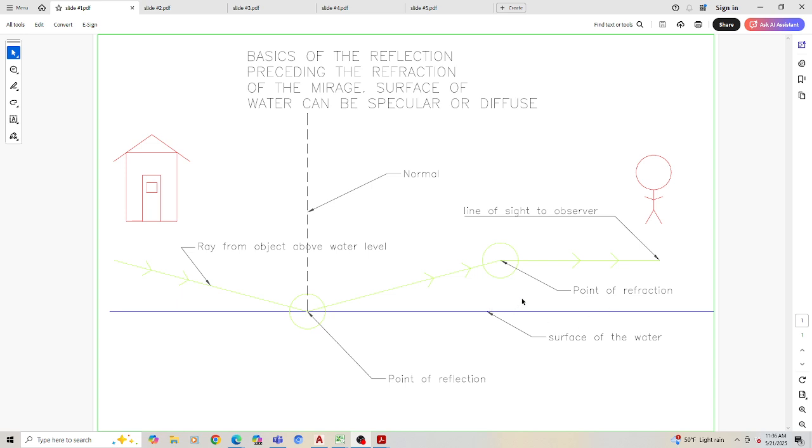Now, I haven't drawn out the exact angles or dimensions, but the end result would be an angle of incidence into a point of refraction and an angle of refraction that will result in a ray that heads towards the observer on his line of sight. So again, we have a point of refraction, we have a point of reflection, we have a path of a ray, so we have both reflection and refraction happening for this demonstration.